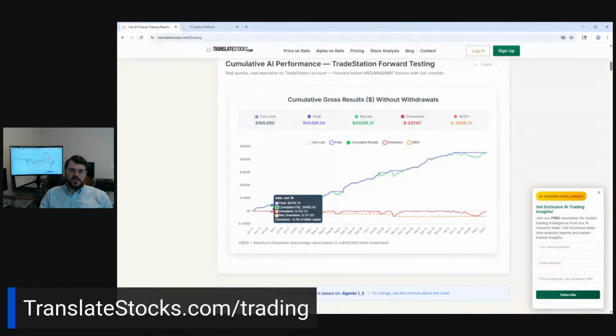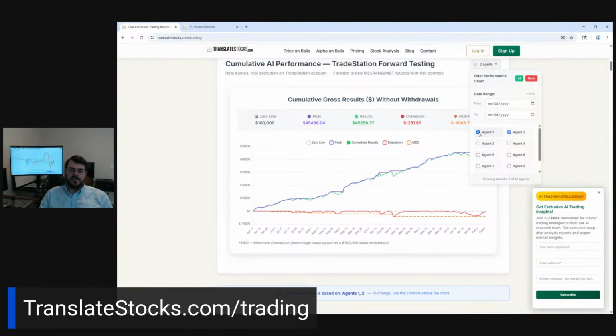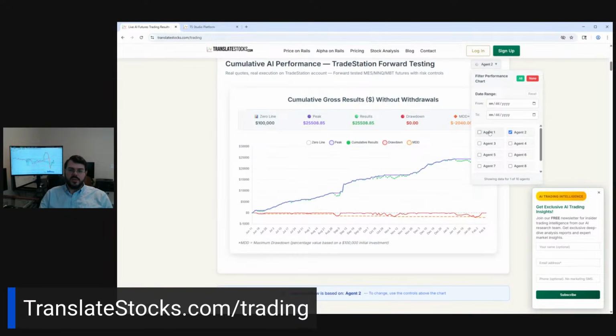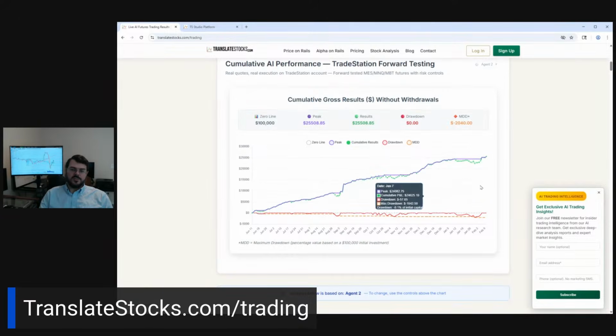Agents number 1 and 2 don't change the configuration over time, so they have the same configuration since the beginning. The other agents I vary a lot, but agents 1 and 2 have the same configuration. If you want to see only one agent right now, let me remove agent 1. This is only agent number 2 trading.